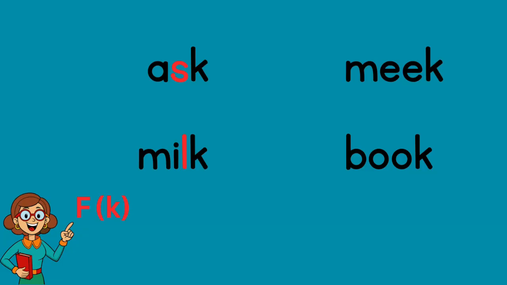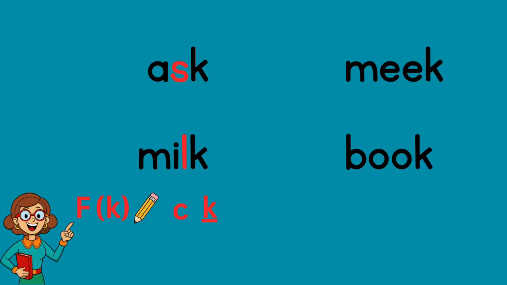Final K. And how are we spelling that final K? We're spelling it with a K. And what is in front of that K? A consonant. So that's a new spelling rule. Final K is spelled K right after a consonant.